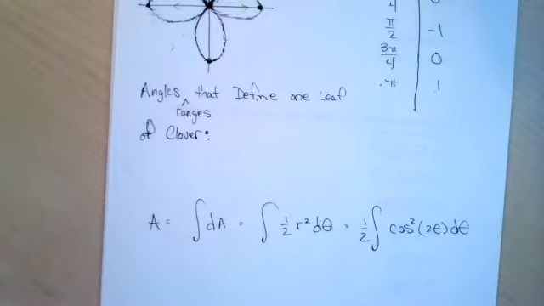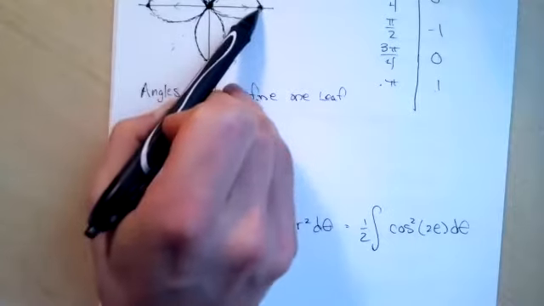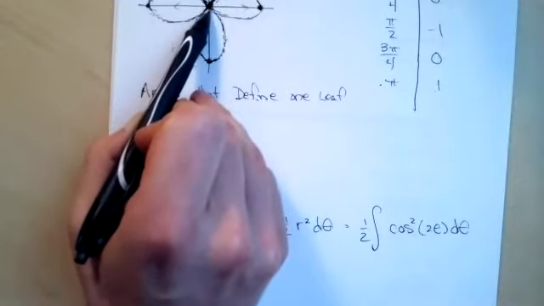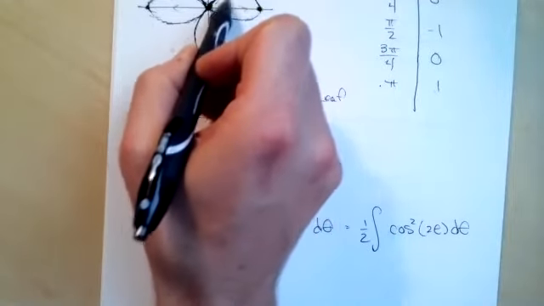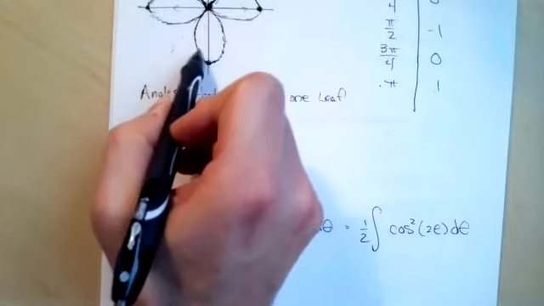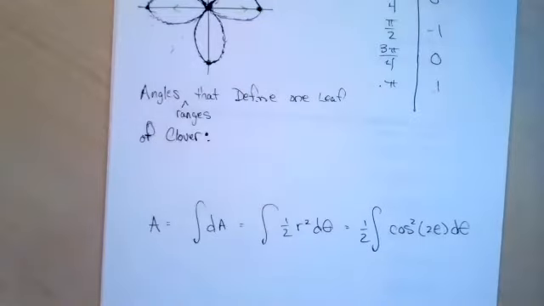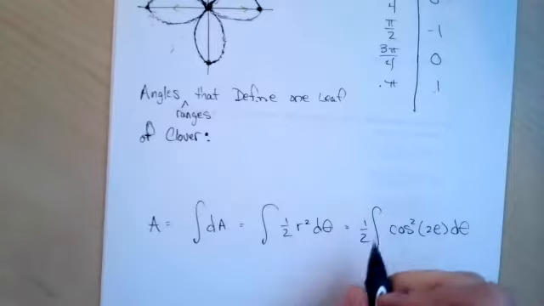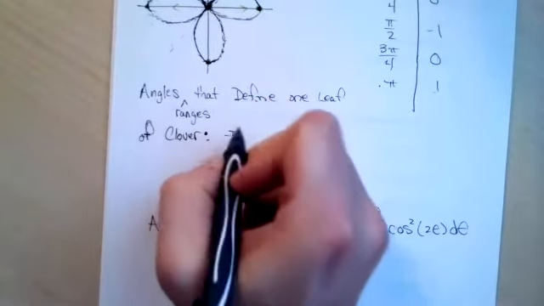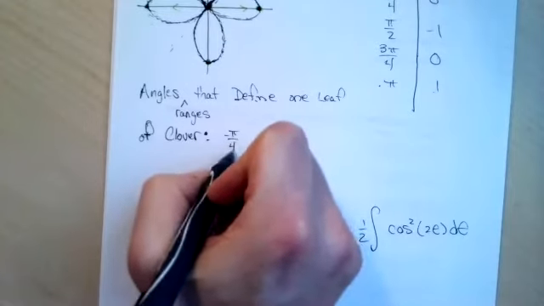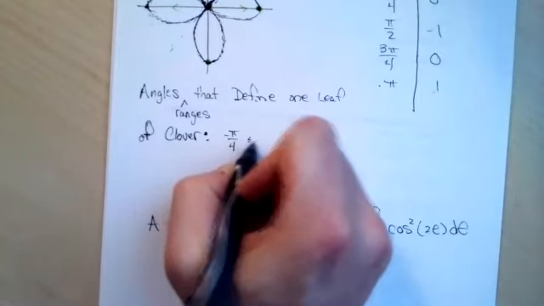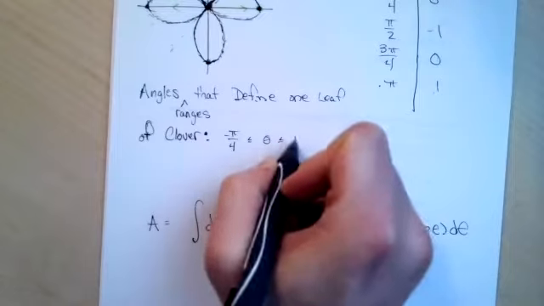There are a lot of different ways to do it. You want to be careful starting at 0, because if we go from 0 to pi over 2, it would be like this top half of the leaf and then this half of the leaf. You could go instead from minus pi over 4 to pi over 4.